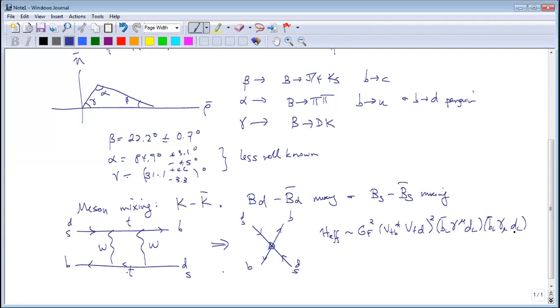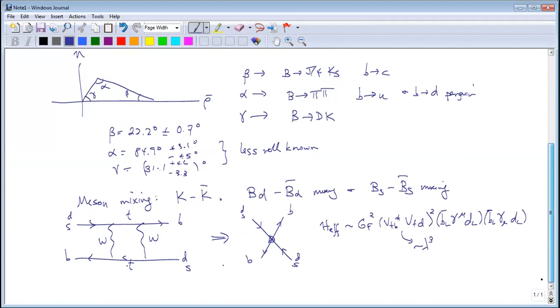So, and notice that this basically goes like lambda cubed in the parentheses for the BD mixing. For the B sub S mixing, for the BS, we're basically going to have the same sort of thing, except now we're going to have VTS and VTB, okay?